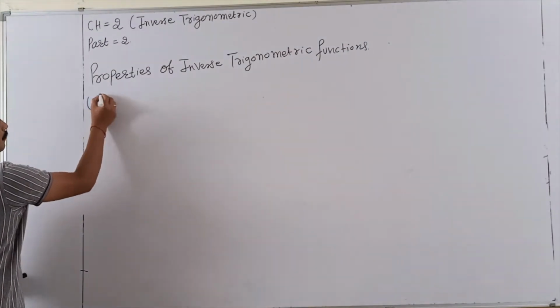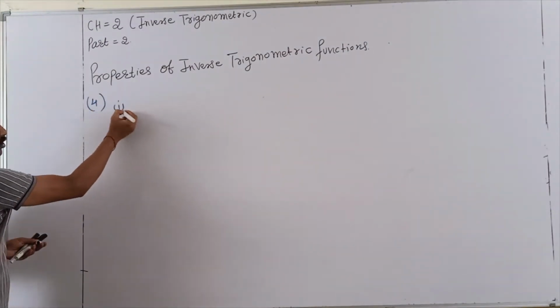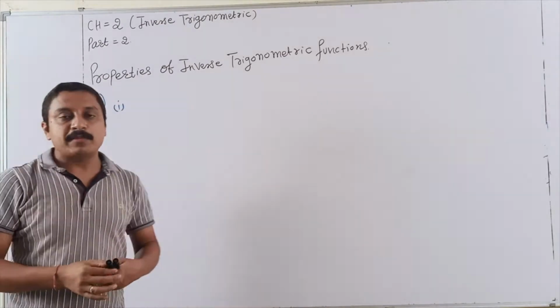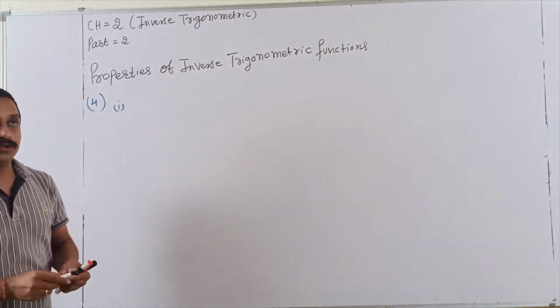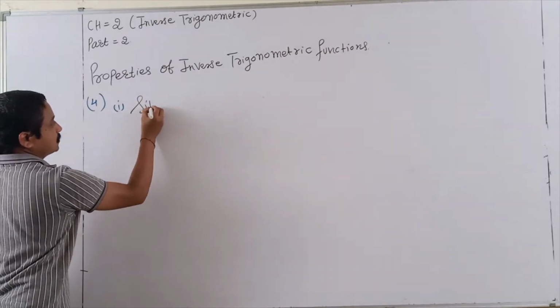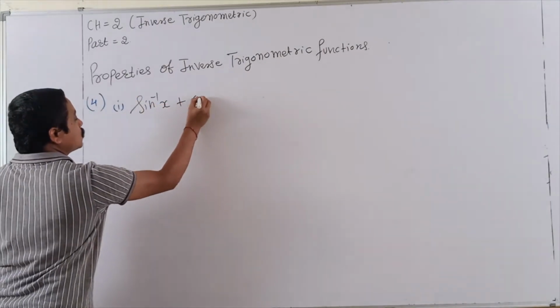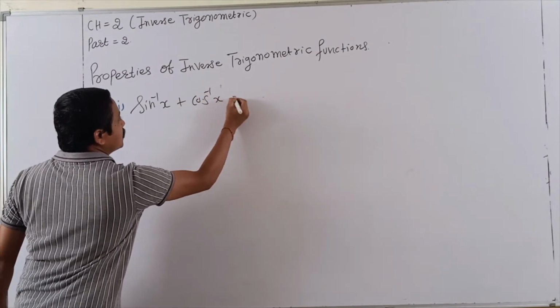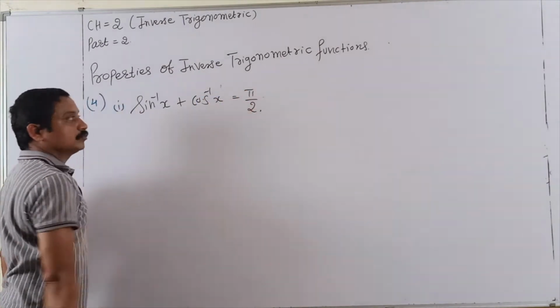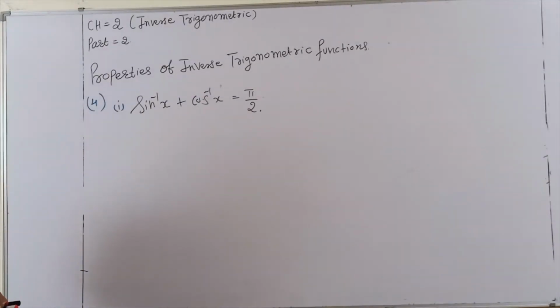Fourth property. There are total three cases. So one by one, I explain that property number 4. Sine inverse x plus cos inverse x is equal to pi by 2. That's the property number 4, first one.